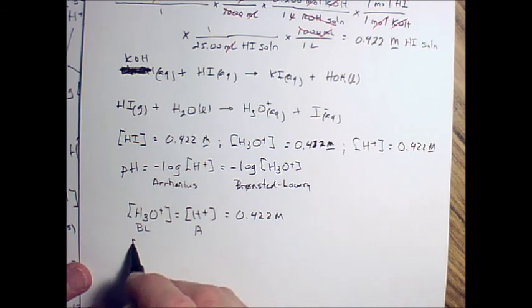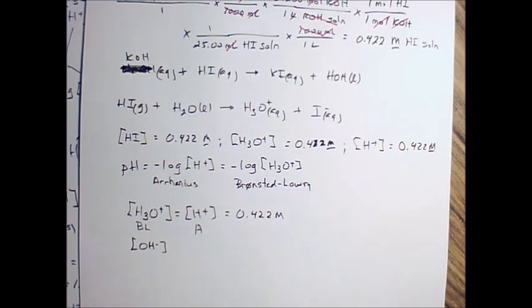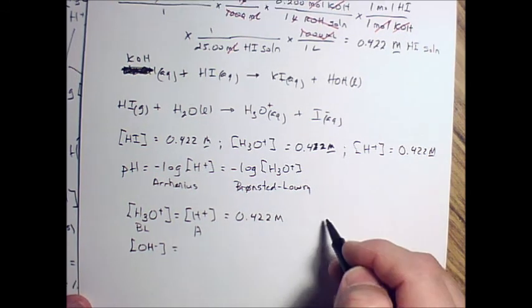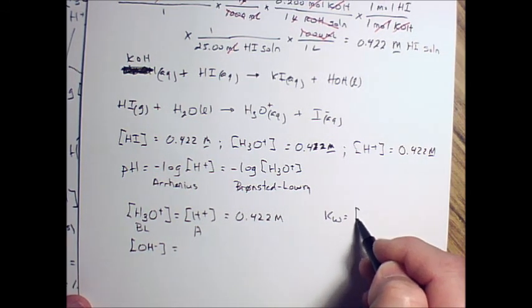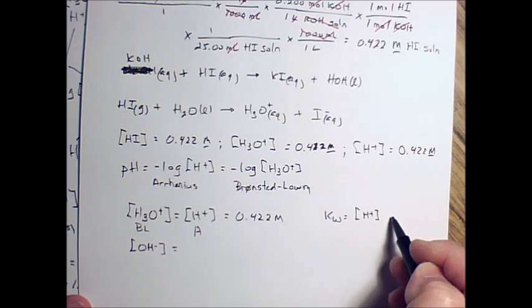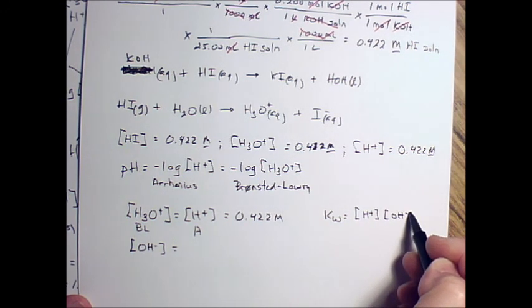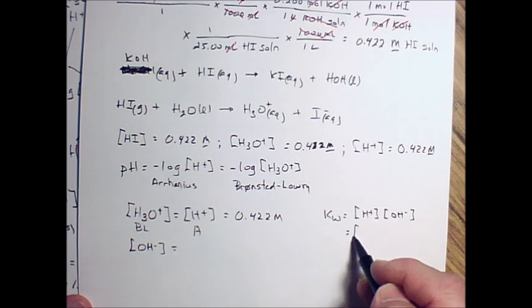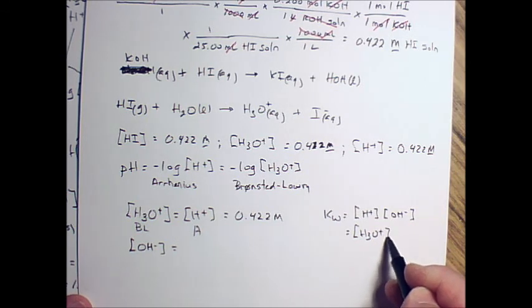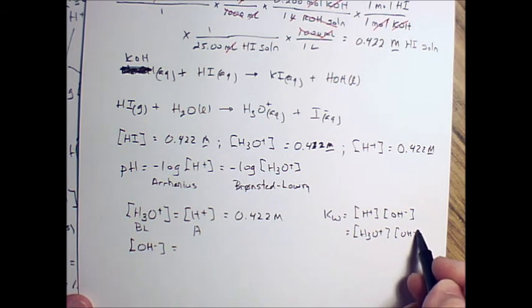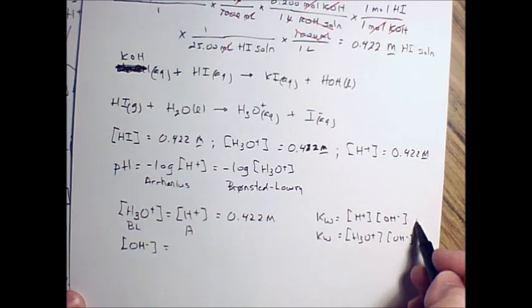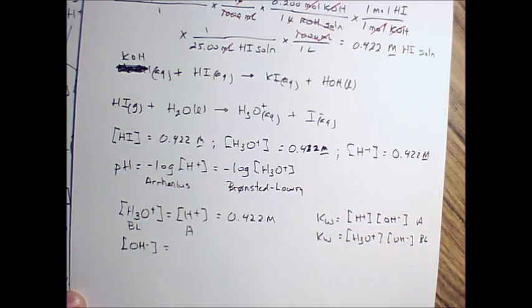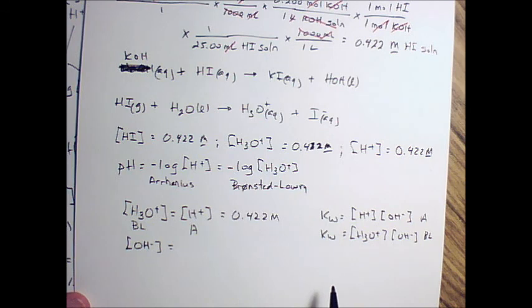So finding the hydroxide ion concentration comes from using that Kw equals the hydrogen ion times hydroxide ion concentration, which is also H3O plus and OH minus. This is Arrhenius. This is Bronsted-Lowry. So you can calculate this from that.